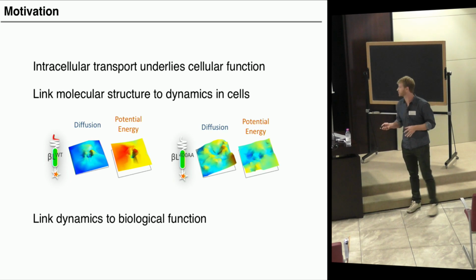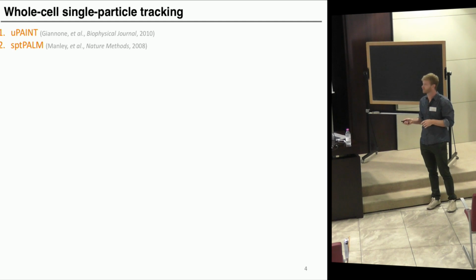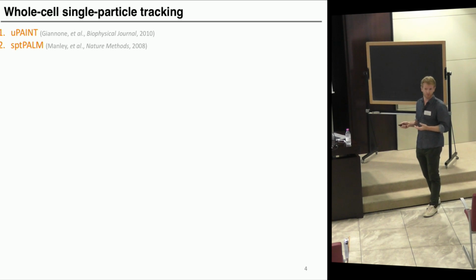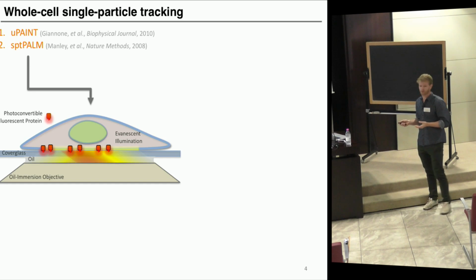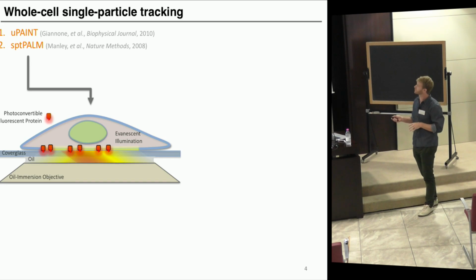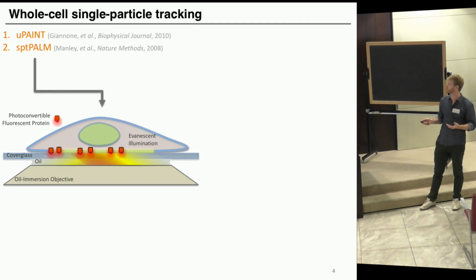So this is for the motivation. The kind of experiments that I'm looking at are these photo-activated tracking experiments. Basically, we have either sptPALM or uPAINT, which is just a different method that gives more or less the same type of data.